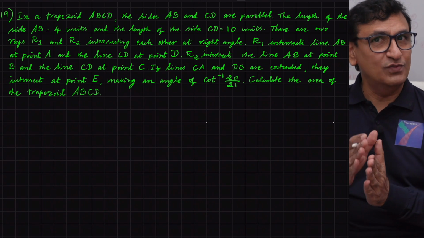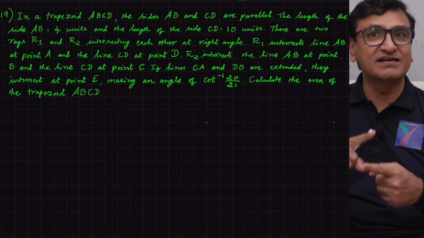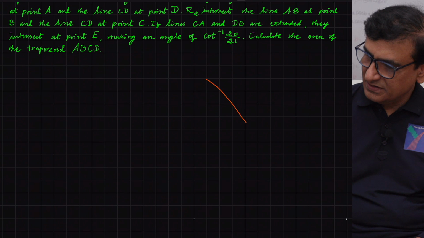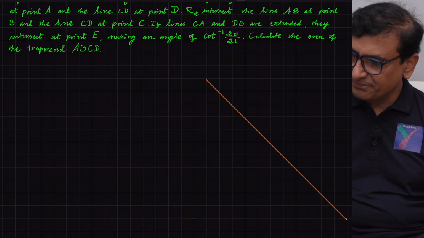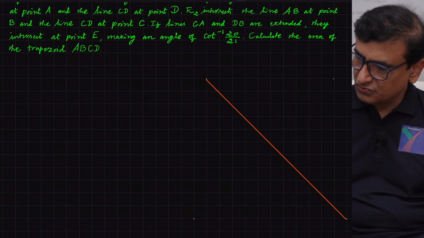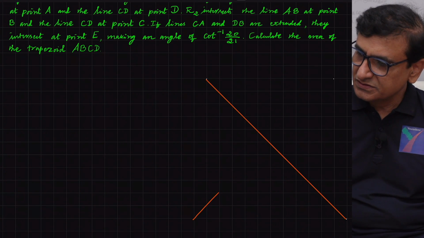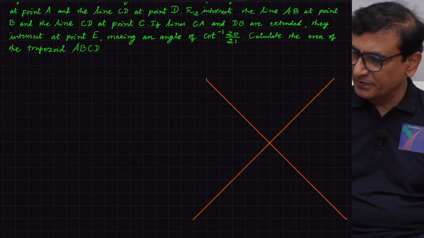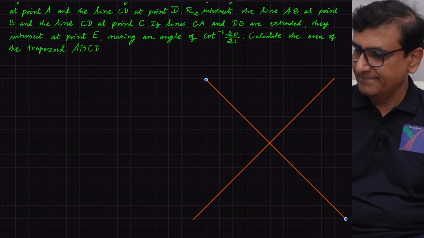I'm going to draw R1 and R2 that are intersecting at right angles. This is my R1, and this is my R2. Let me adjust them to be exactly at right angles.